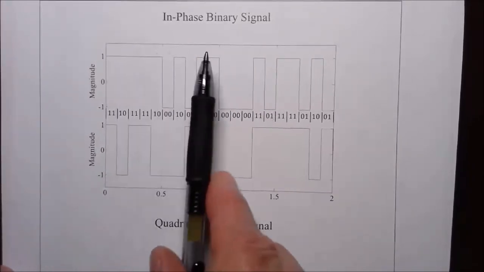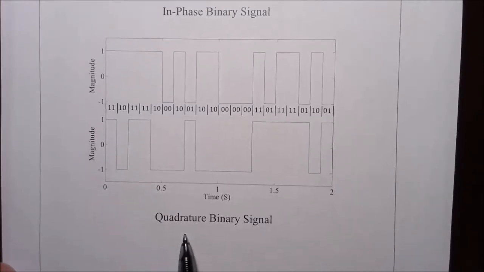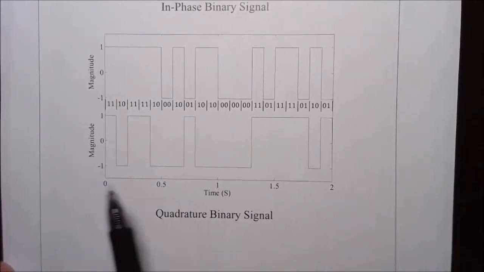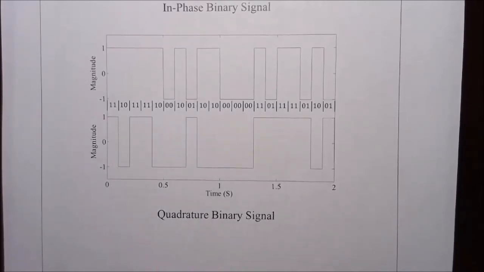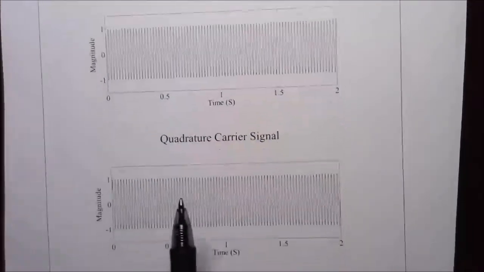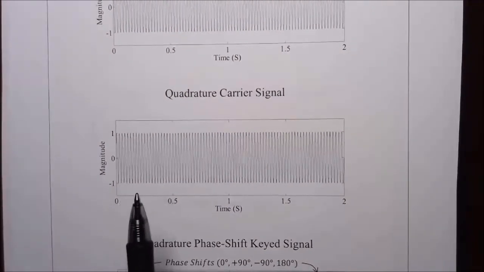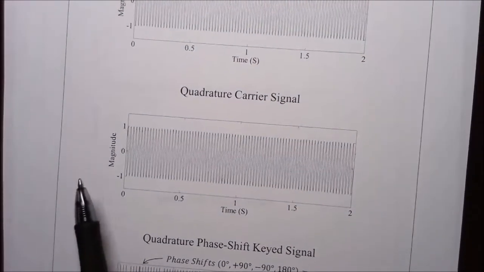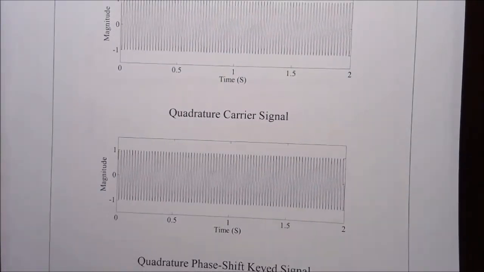So we have an in-phase binary signal. This is a random string of ones and zeros. And the quadrature binary signal, which is a random string of ones and zeros, and they're divided into 2-bit symbols, and the 2-bit symbols proceed randomly as well. The in-phase carrier has a phase angle of 0, and the quadrature carrier has a phase angle of 90 degrees, which you may or may not be able to see from these traces, but this one does have a phase angle of 0, and this one does have a phase angle of 90 degrees.